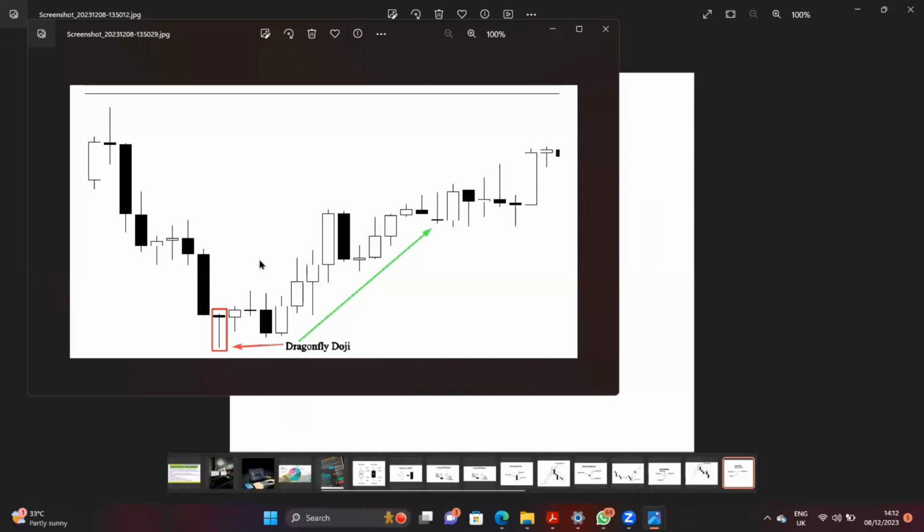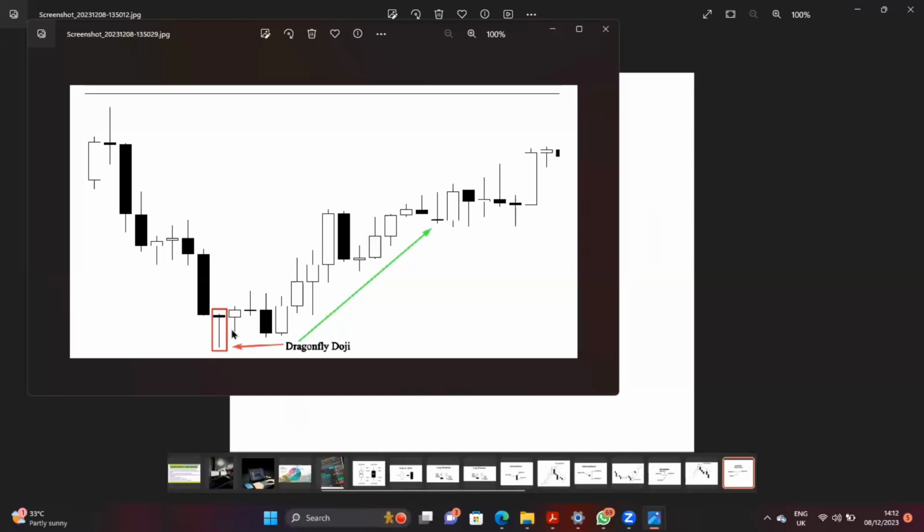The dragonfly is a reversal pattern, both bearish and bullish. When it happens on a downtrend, it is regarded as a bullish reversal. When it happens on an uptrend, it is regarded as a bearish reversal.